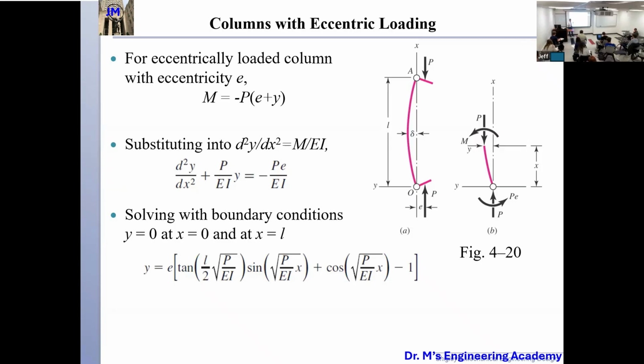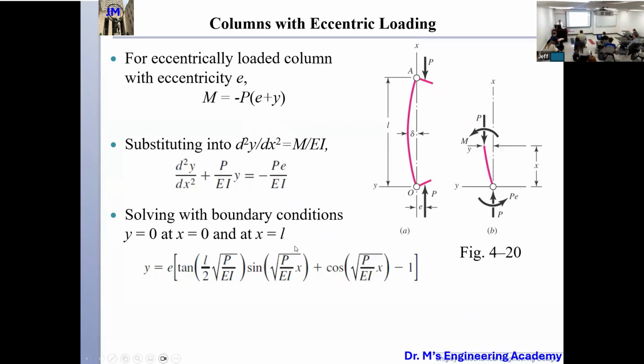If the deflection is not too big, I can use this to describe my deflection, with x being the position. We call this the governing equation. I'm just plugging in, so using this, you can solve it with boundary conditions.